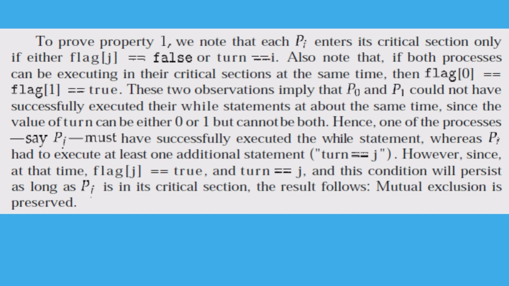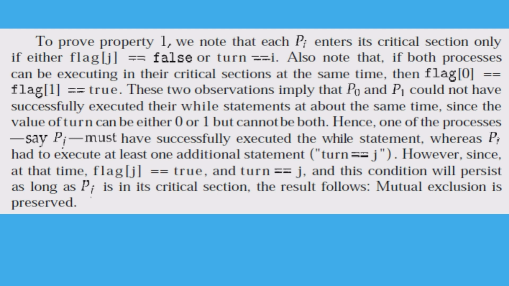To prove property 1, we note that each Pi enters its critical section only if either flag[j] equals false or turn equals i. Also note that if both processes can be executing in their critical sections at the same time, then flag[0] equals flag[1] equals true. These two observations imply that P0 and P1 could not have successfully executed their while statements at about the same time, since the value of turn can be either 0 or 1 but cannot be both.